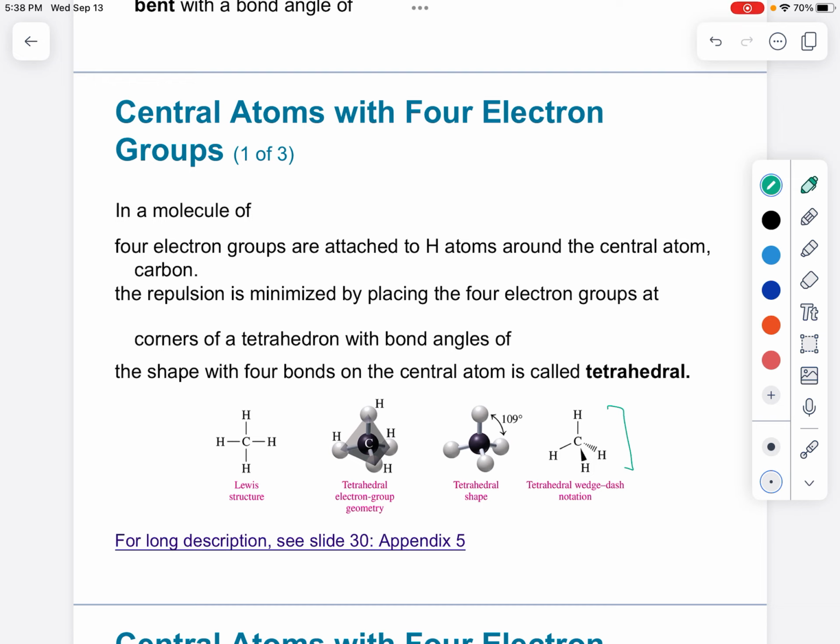And invariably, most of the class will put them in a cross like this and tell me that 90 degrees is the best angle you can get. It's close, but it does not make use of the 3rd dimension. So if you put it into 3 dimensions, you have what's called a tetrahedral shape, and you can actually get a little bit further apart. And so that angle is 109 degrees.